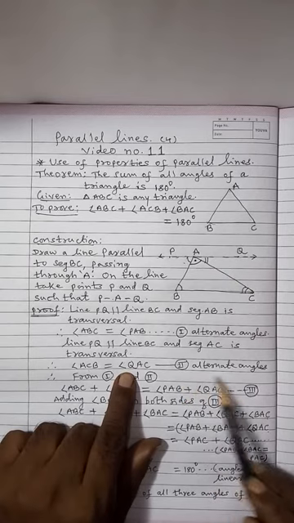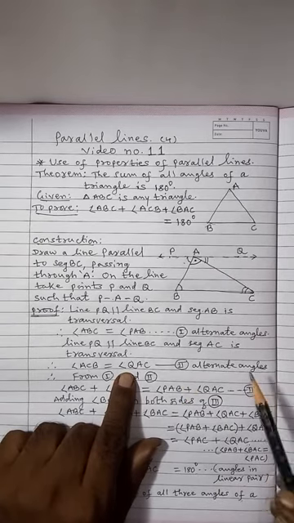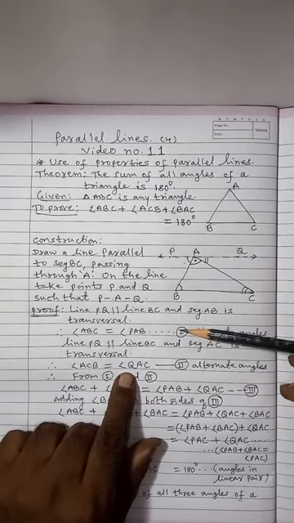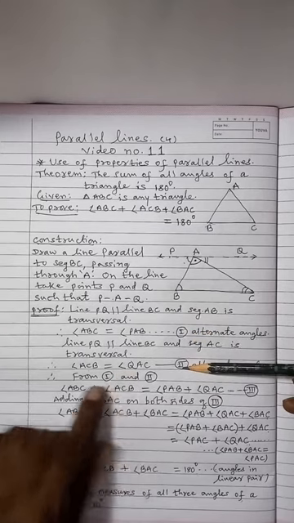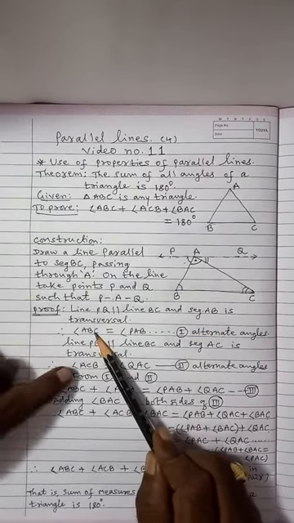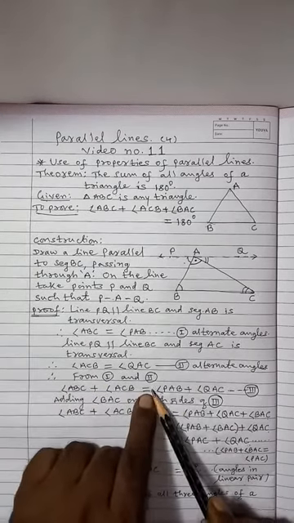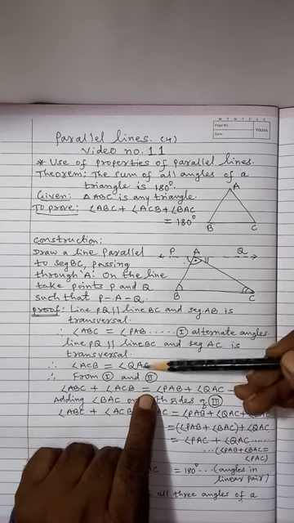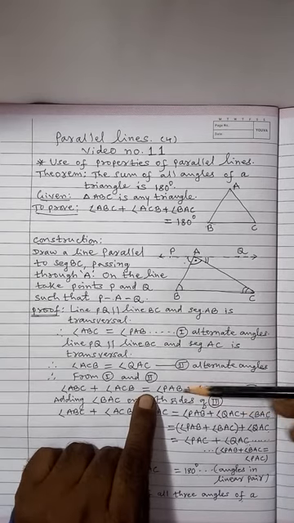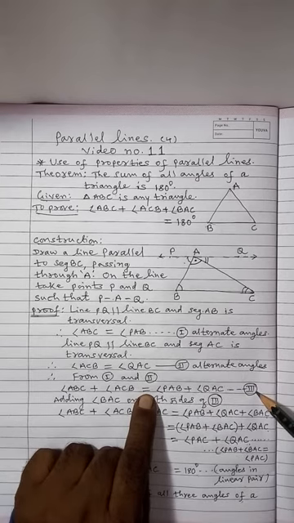Result number 2, alternate angles. We will add result number 1 and 2. So angle ABC plus angle ACB is equal to angle PAB plus angle QAC. This is result number 3.